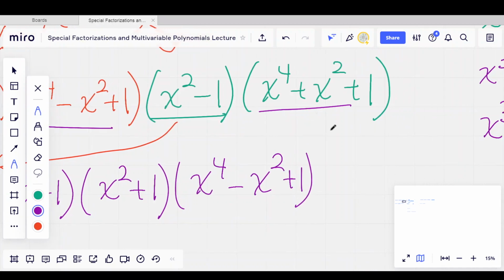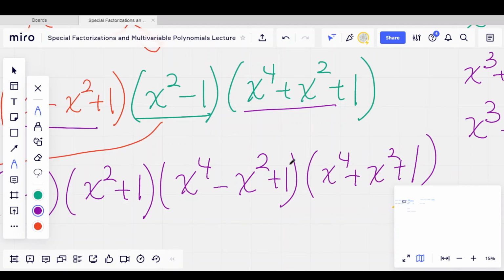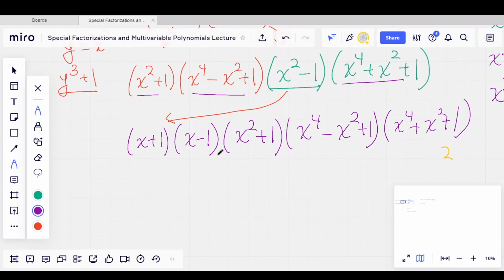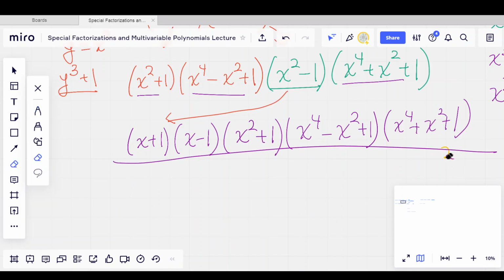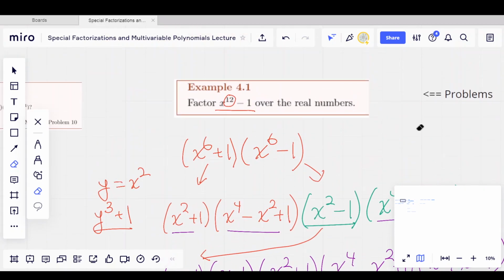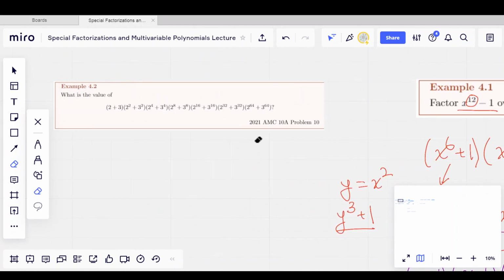And then we have the last term right over here, x to the 4th plus x squared plus 1. And this is over the real numbers. So this is our complete expansion, okay? So this is basically a combination of the identities. Let's move on to the next example.